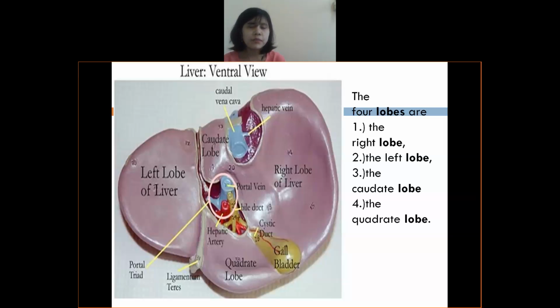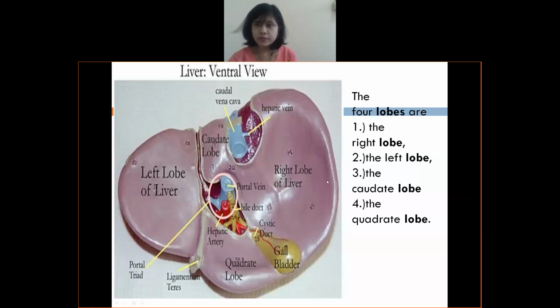Okay, the liver has 4 lobes. What do lobes mean? You can say parts or divisions. It is divided into 4 lobes.